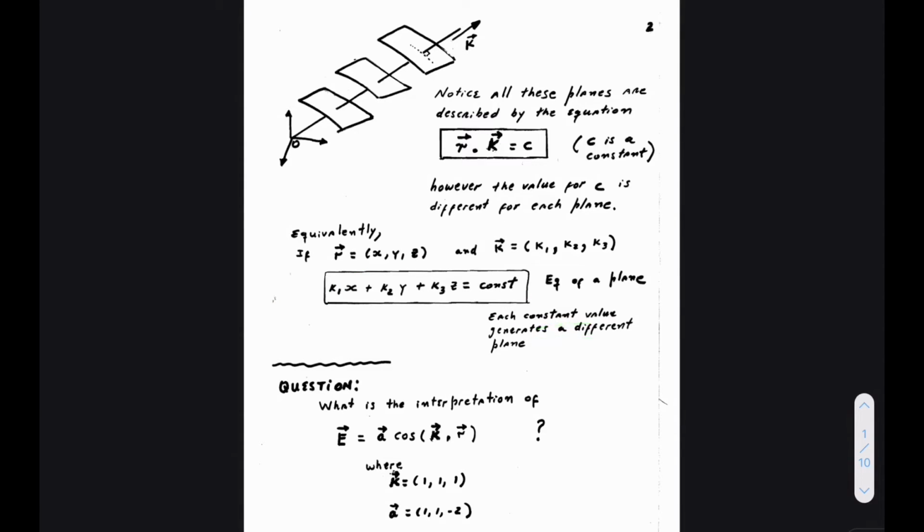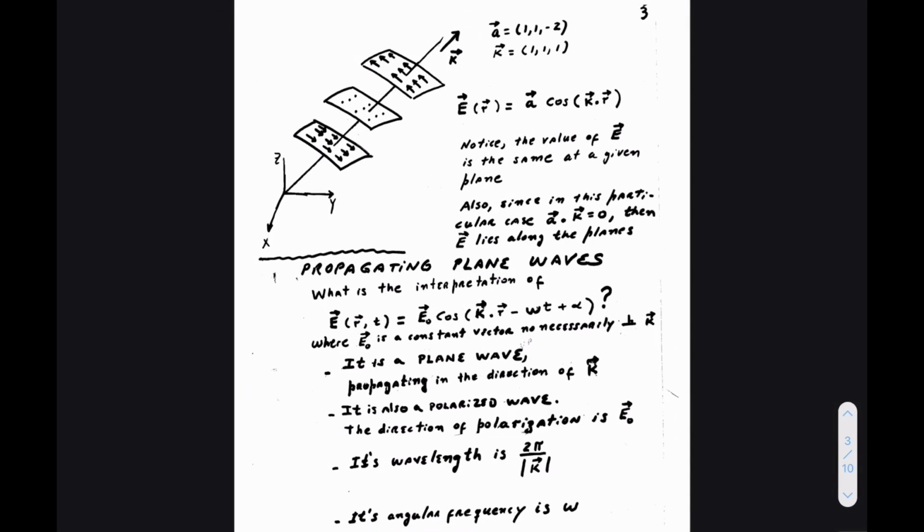Now that we understand that the dot product between the wave vector and the position vector gives us a plane, let us try to interpret this equation. Let's consider a special case where k and A have these components along x, y and z directions. Here the k vector has components 1, 1, 1 in all three directions.